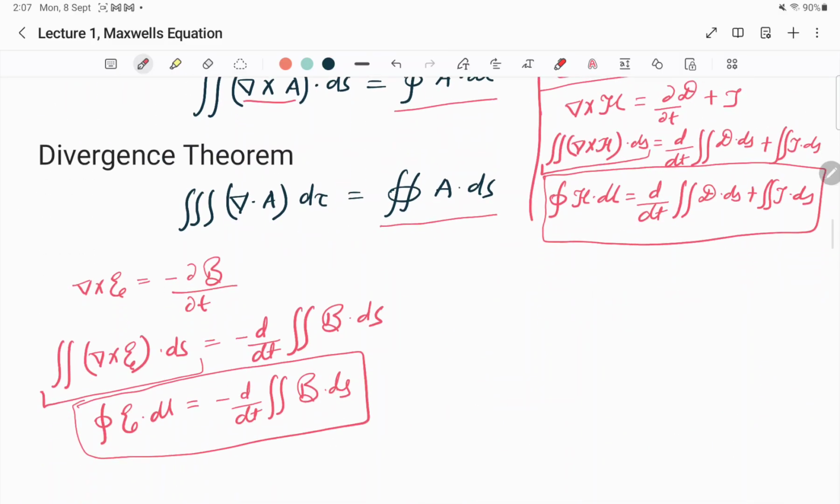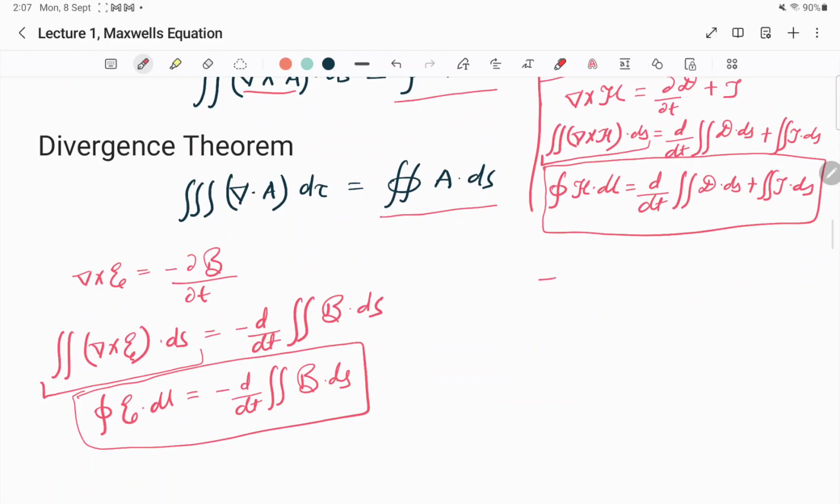Similarly, for the fourth equation, which is divergence of electric flux density D is equal to QV, you apply volume integration on both sides. Volume integration of del dot D d tau is equal to volume integration of QV d tau, and then apply divergence theorem on the left hand side.